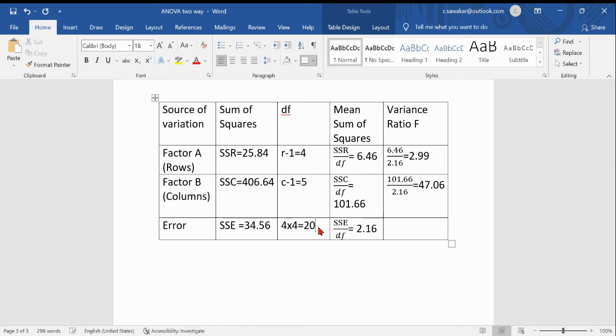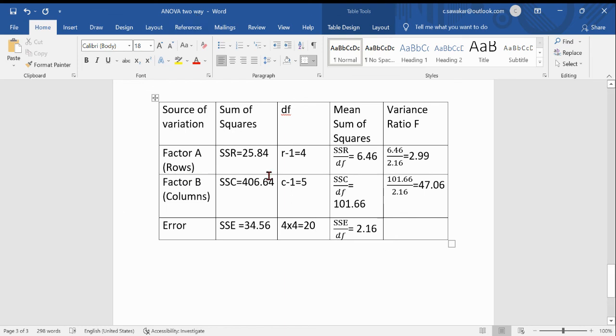Then there would be two different degrees of freedom. Earlier it was 4 comma 16 and 4 comma 16, but now they are 4 comma 20 and 5 comma 20.